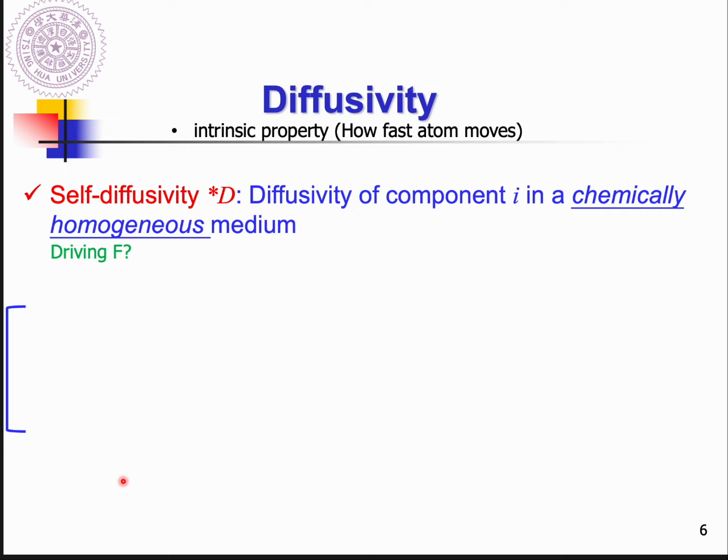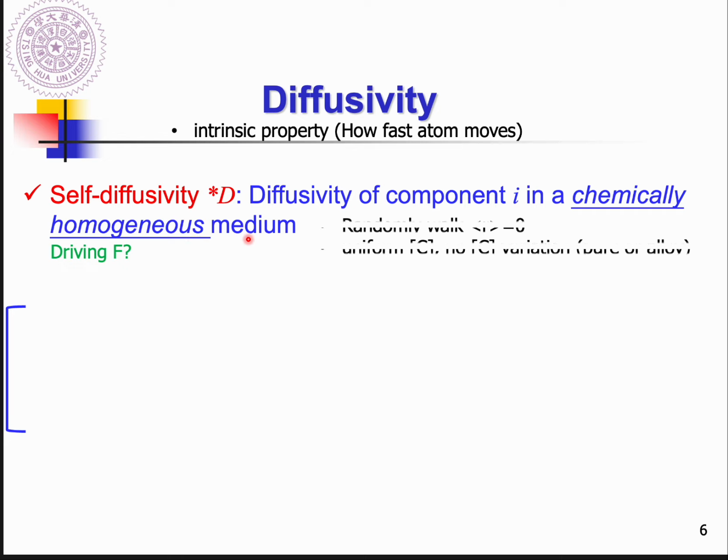The first one is called the self-diffusivity, using the symbol D star. In this case, it means the diffusivity of component i in a chemically homogeneous medium. The question here would be, what is a chemically homogeneous medium?